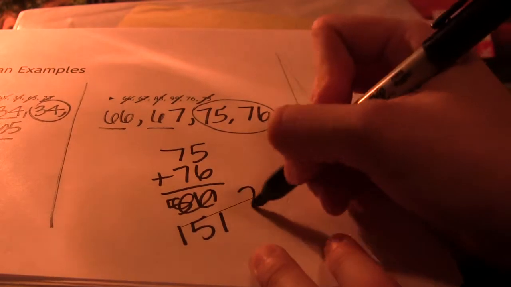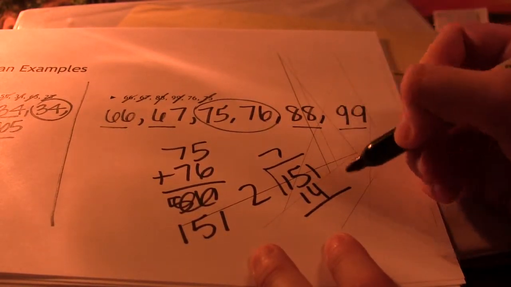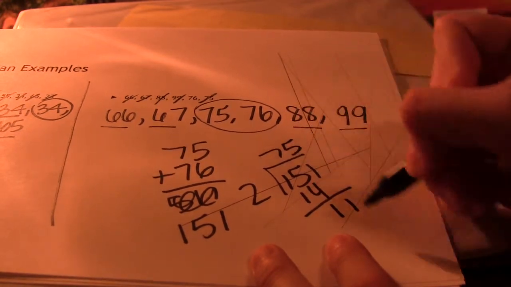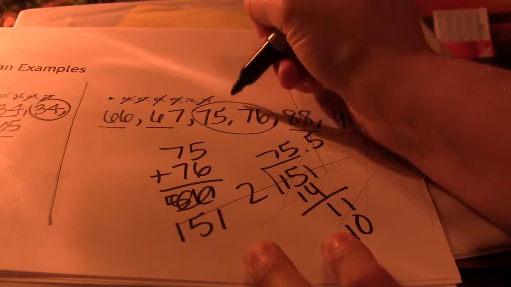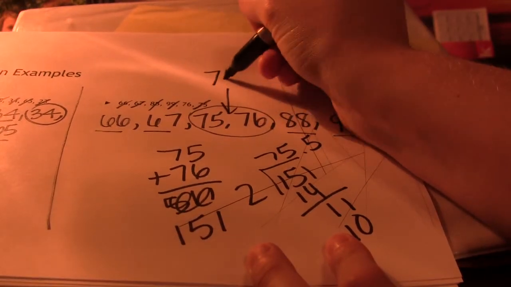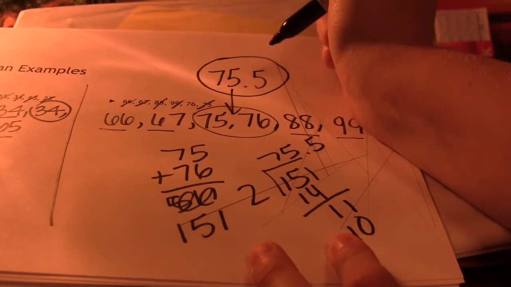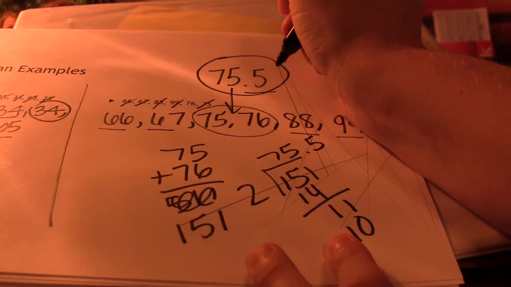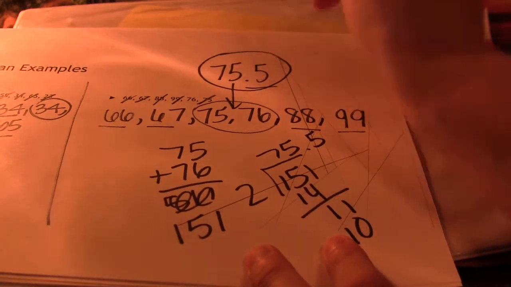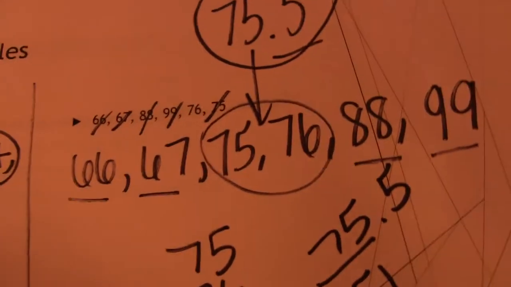Divide that by 2, which is 75.5. Therefore, the median is 75.5. And the rounding rule still applies here. So therefore, our answer is 75.5. It would be the middle number, as you can see.